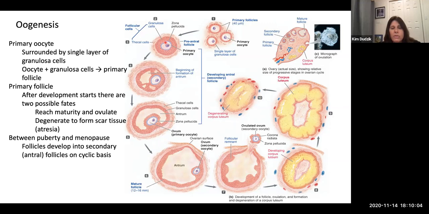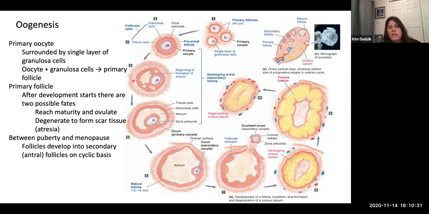And the primary oocyte is still going through its meiotic division here. But out of those 4 to 6, maybe only 1 to 2 make it to a secondary follicle, right? And so the other ones just degenerate, right? They form a little scar tissue, okay?